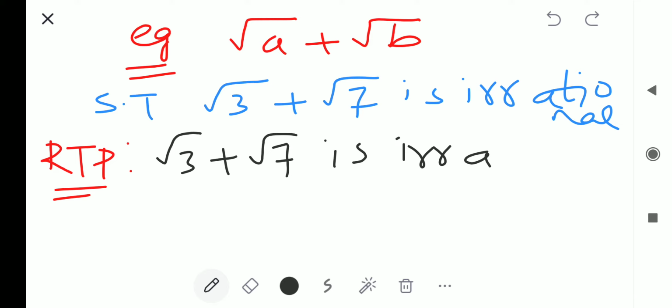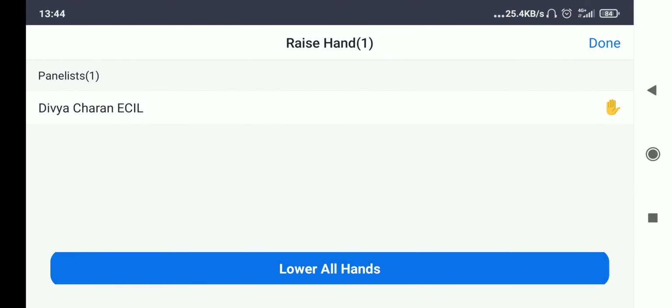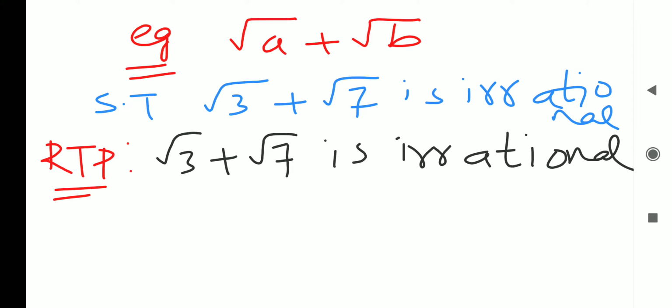In the other class, we discussed proving the number which is of the type a plus root b and a minus root b as irrational number using indirect method of proof. So now we are going to see the type of root a plus root b. Okay, children? So if you want to prove this by using indirect proof, I should assume that RTP is false.